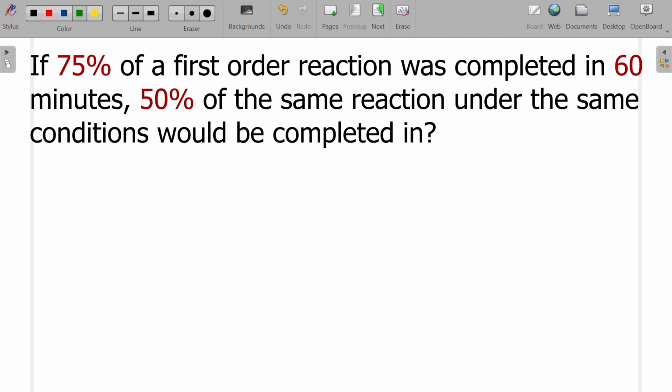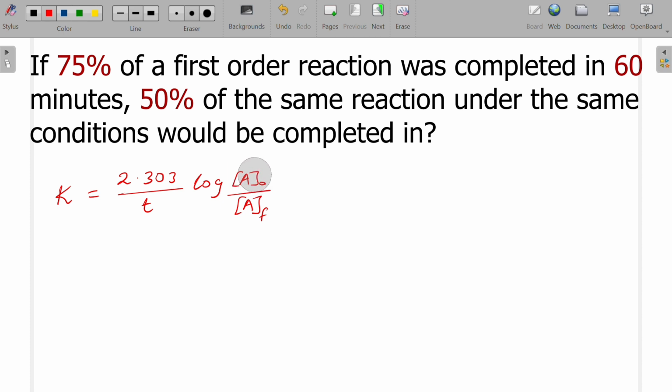Now the formula you need to solve this question is the rate constant K is equal to 2.303 divided by T, multiplied by log of the initial amount on top there, in form of concentration or mass or anything that you are using, but we're talking about the initial amount over the final amount.